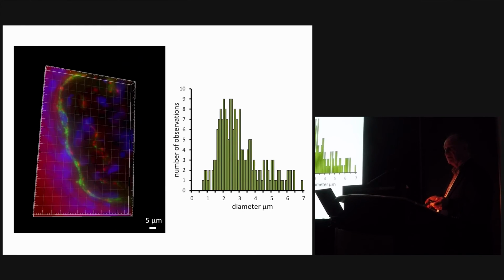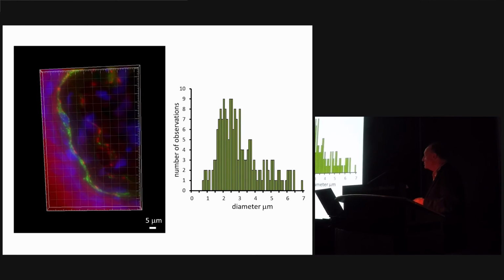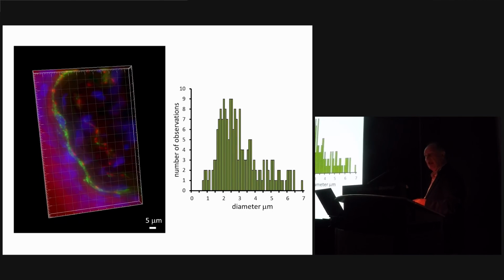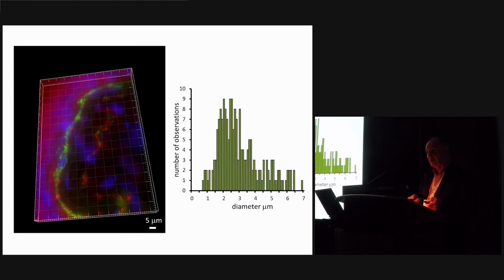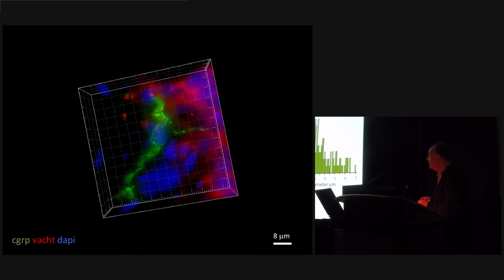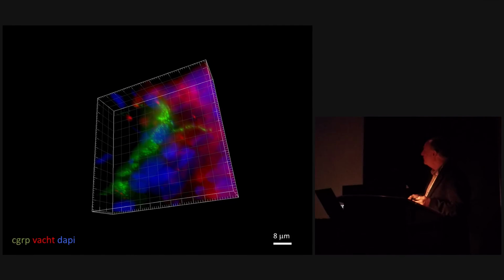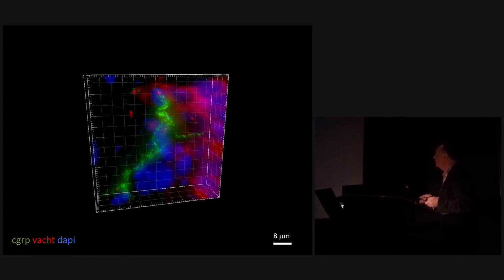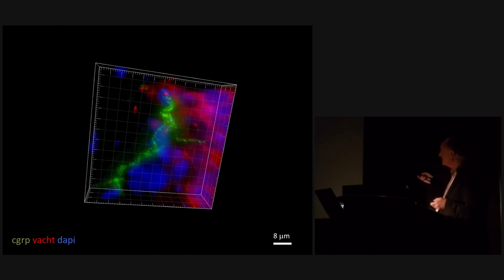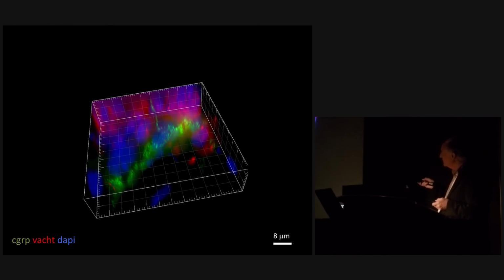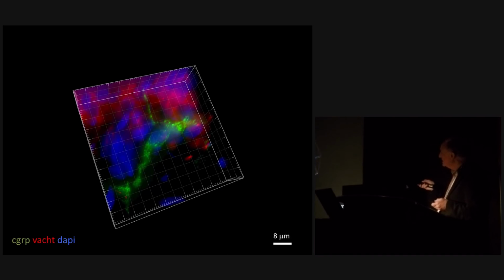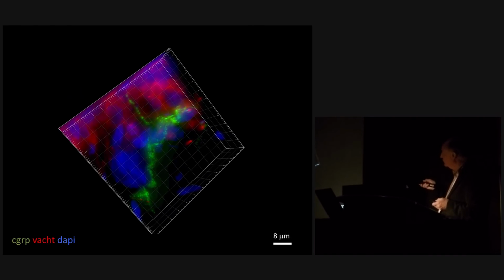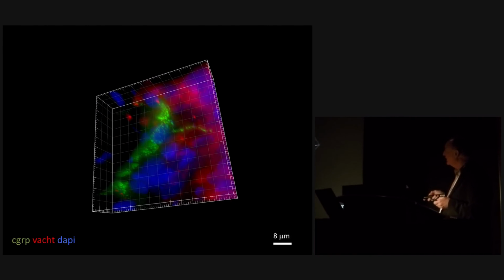So what are these cells? We don't know. They're not neurons, because you don't expect to have nucleated cells underneath the epithelium in the proximal urethra. If you look at them in a little more detail, here we can see another one. You can see the nucleus of it, and you can see this covering of CGRP dots on the nuclear surface.